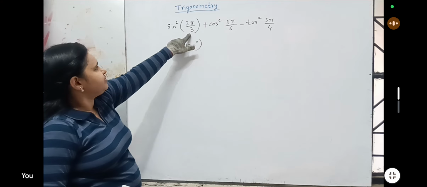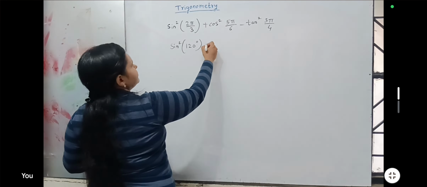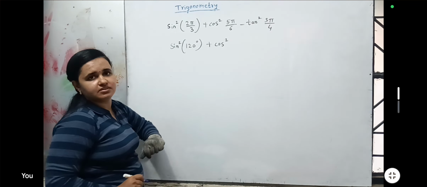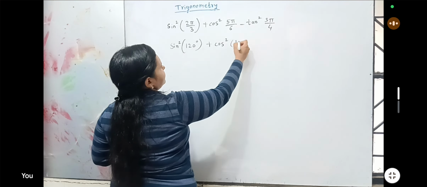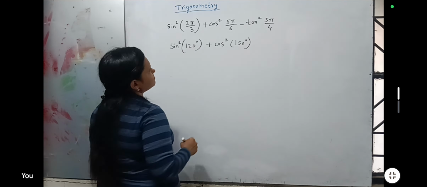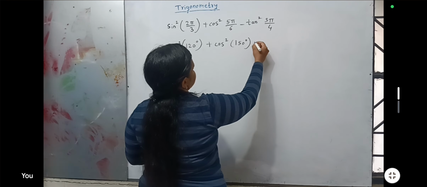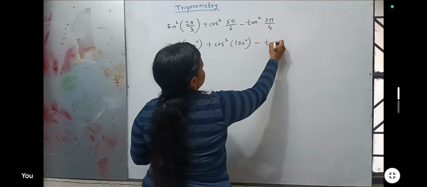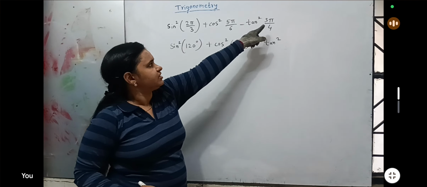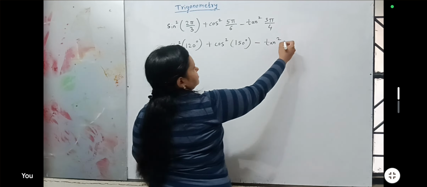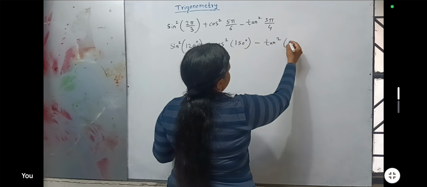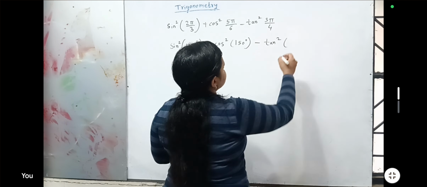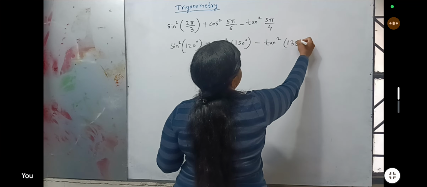So sin 2 pi by 3 means sin 120 degree, plus cos square 5 pi by 6 means cos square of 150 degree. Now tan square 3 pi by 4 means it will be 135 degree.